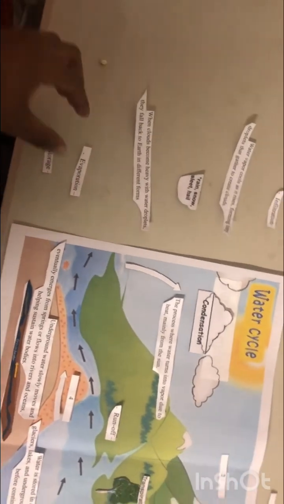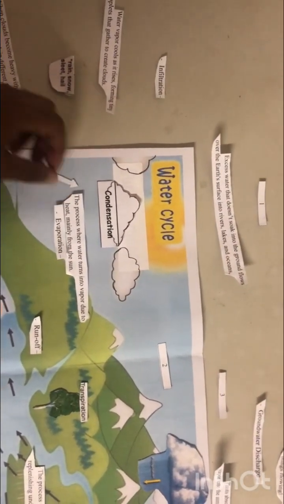You have to take a look around this diagram and look at the words, so you have to find the matching words that go along with the definitions. So you're going to take evaporation and plot evaporation right there. Now that process is evaporation.